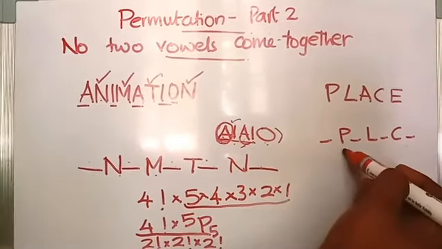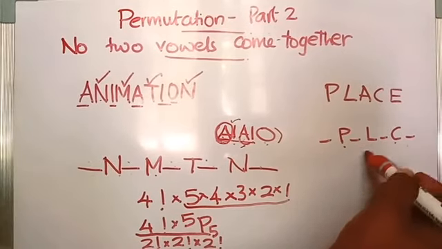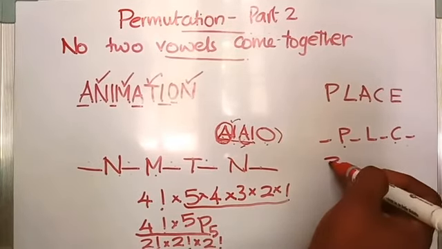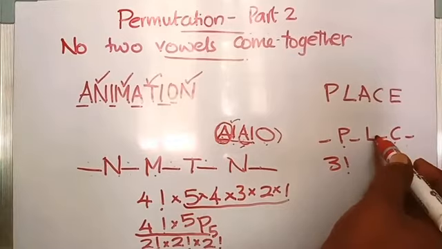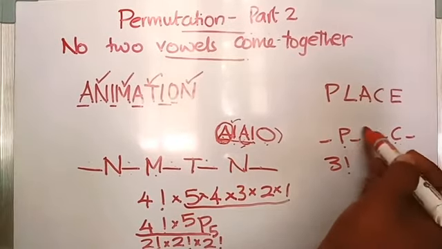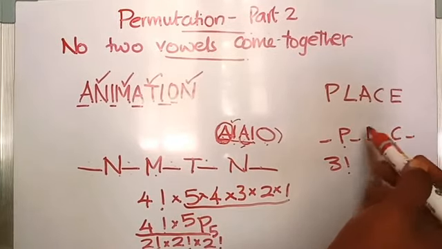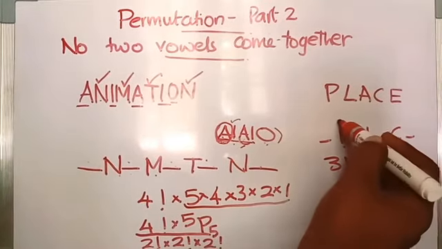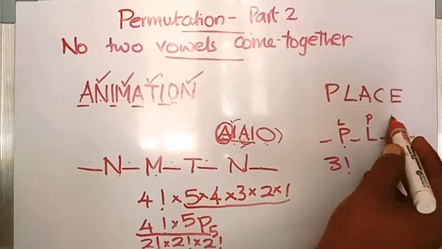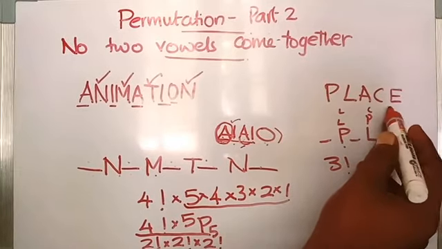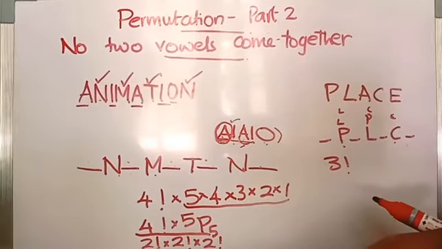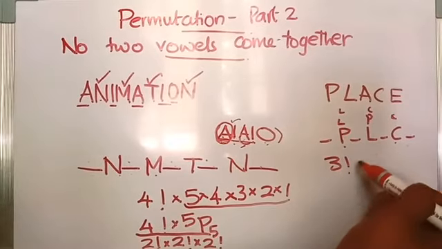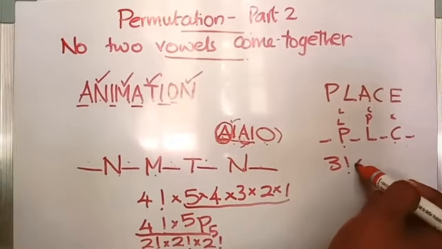When you arrange the consonants, there are 3 consonants. They can be arranged in 3 factorial ways like PLC, PCL, LPC, LCP, CLP, CPL. Those are known as arrangements here. In many ways we can arrange them. So they can be arranged in 3 factorial ways.